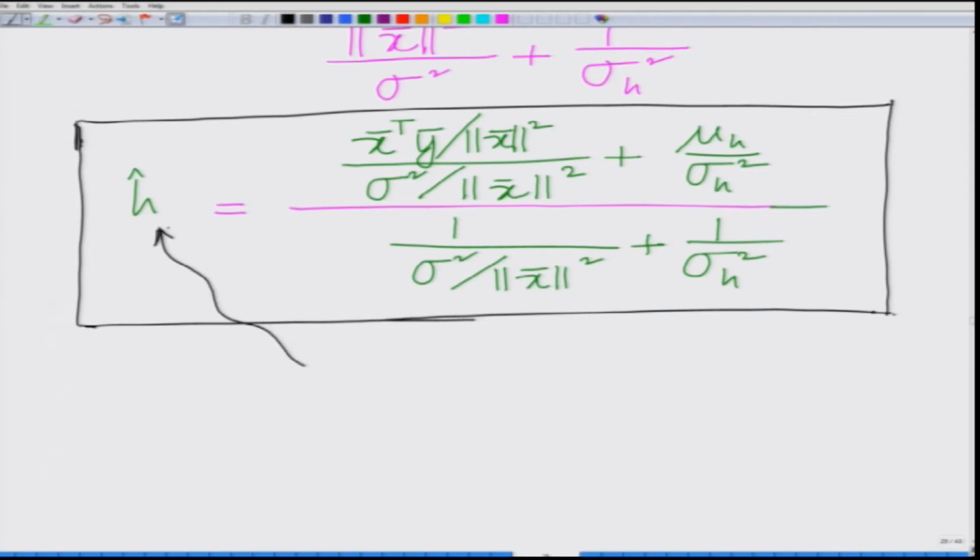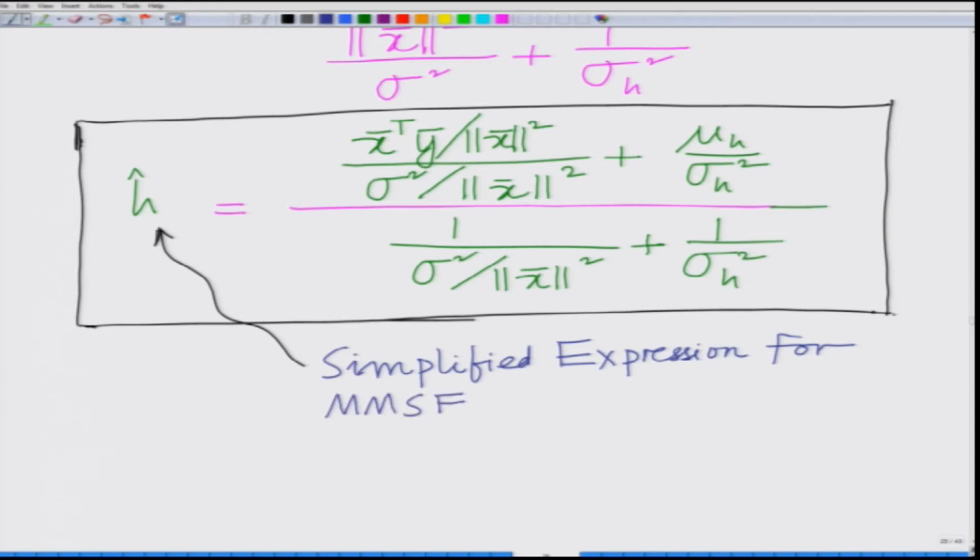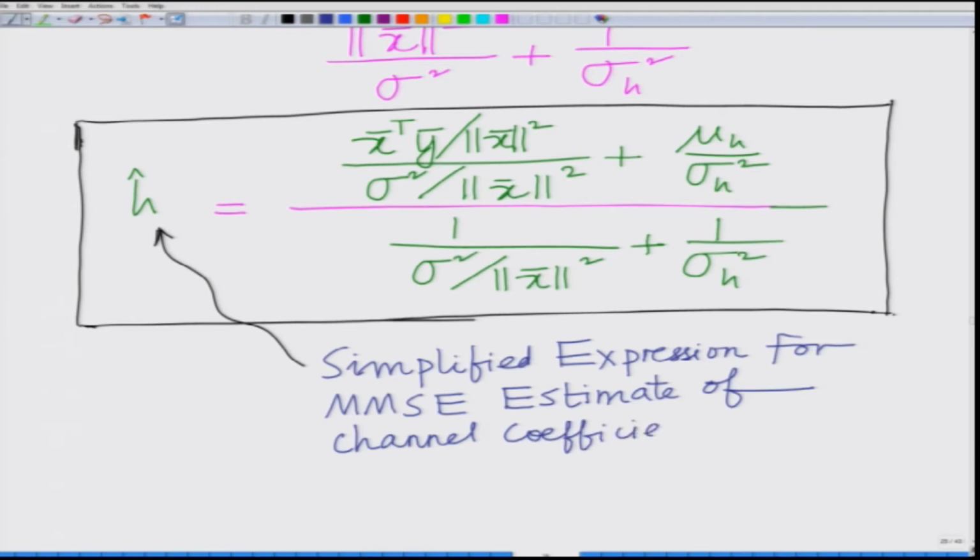This is the simplified expression for the MMSE estimate of the channel coefficient H.